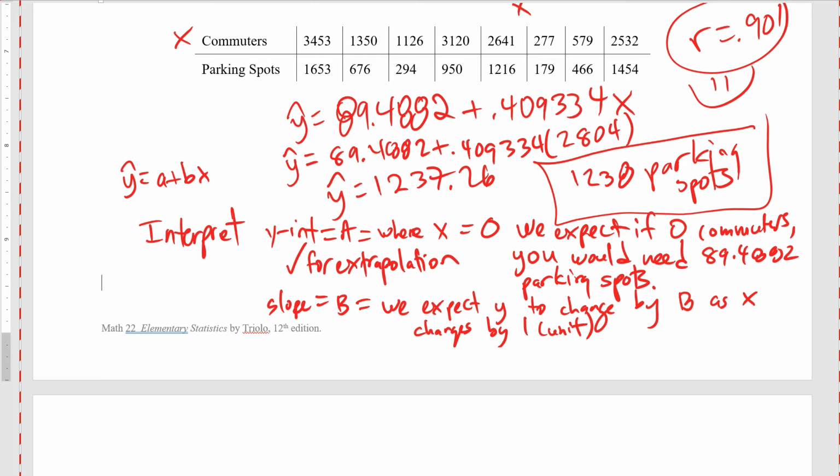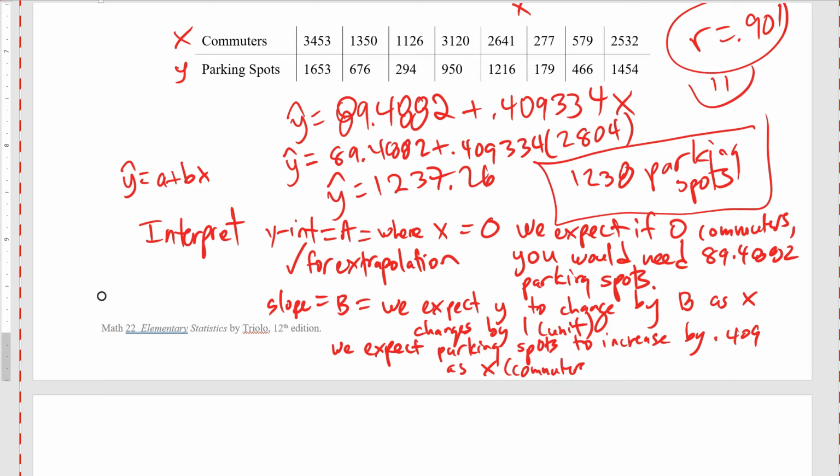So in the context of this question, we would say we expect the y, which is the parking spots, to increase by 0.409 when x, which is the computers, changes by 1. So for every computer, we need 0.409 parking spots.